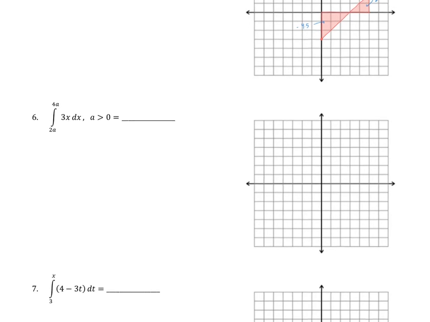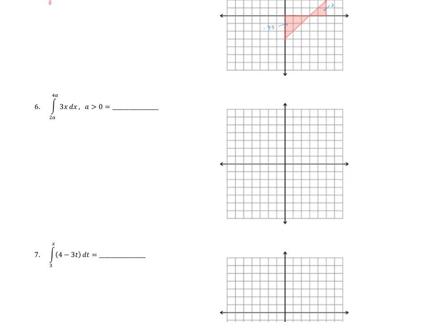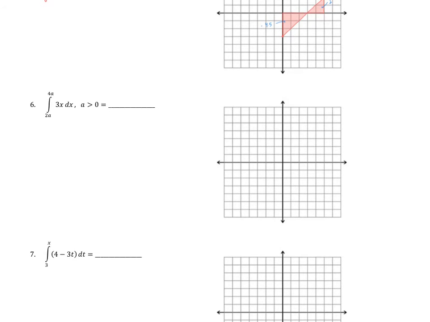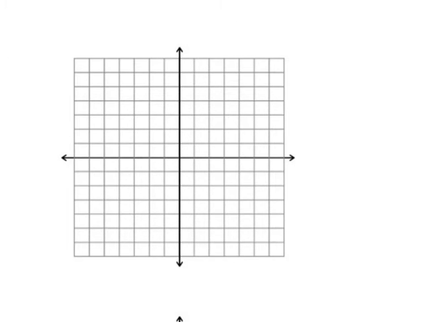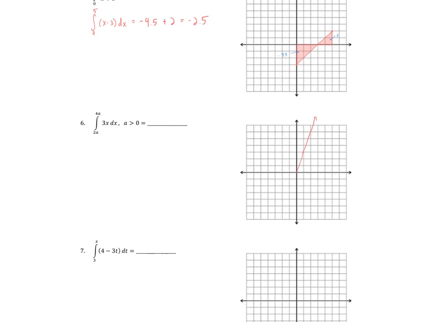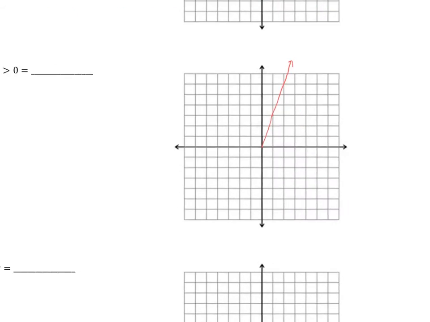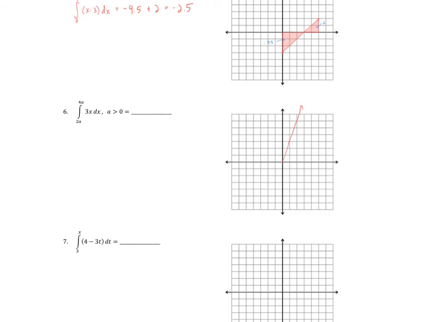Okay, next one. Okay, these are kind of the weirder ones, I guess. Okay, so we'll graph 3x, and the limits are kind of strange. That's okay, we'll still graph this. 3x. Okay, and it's from 2a to 4a. And a is positive.